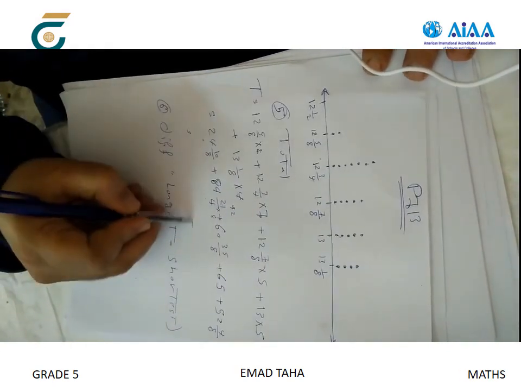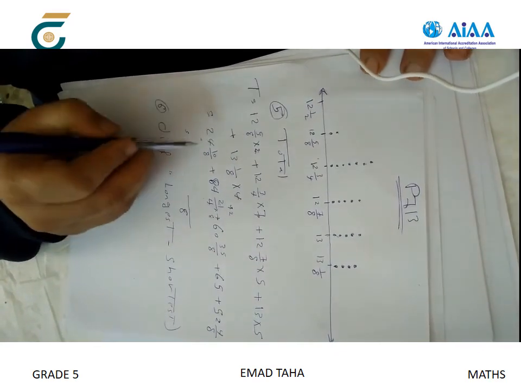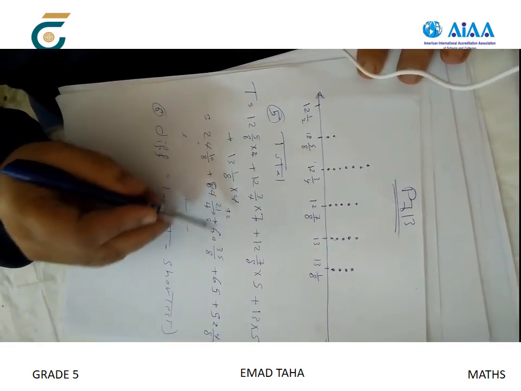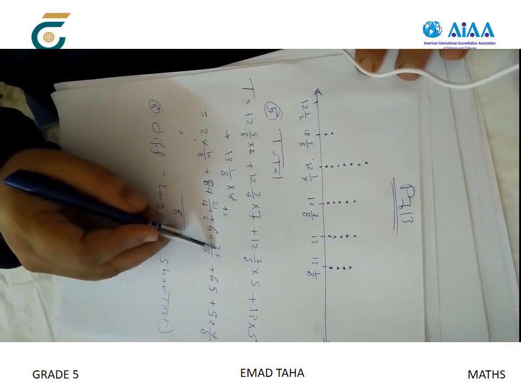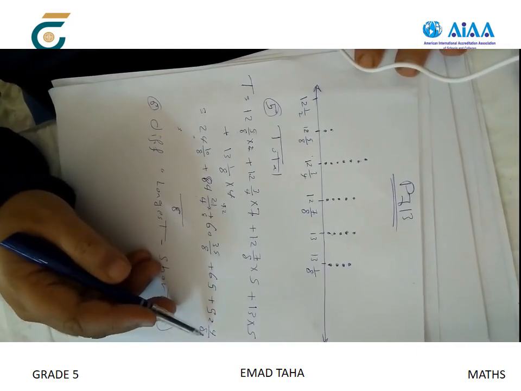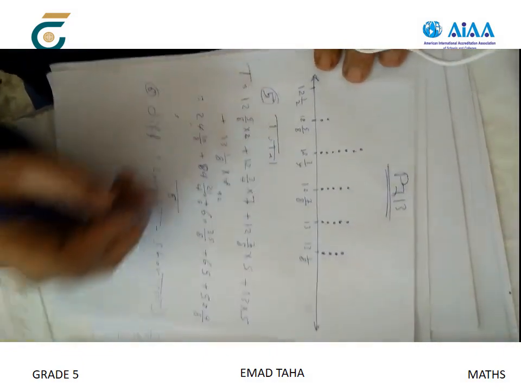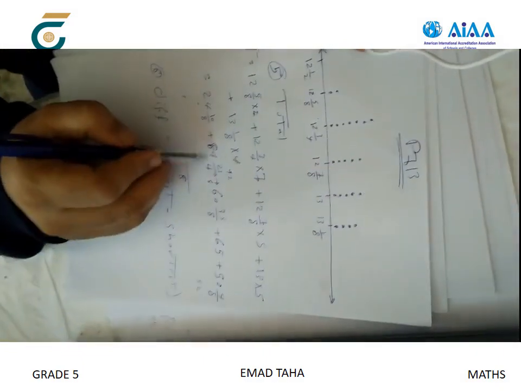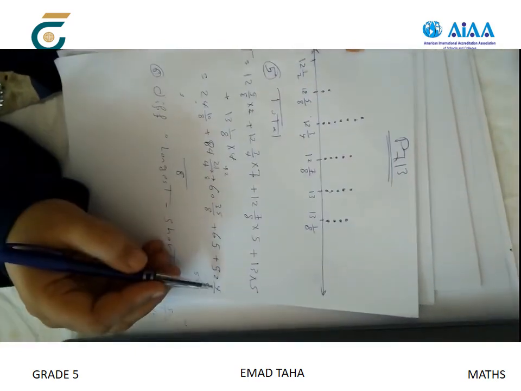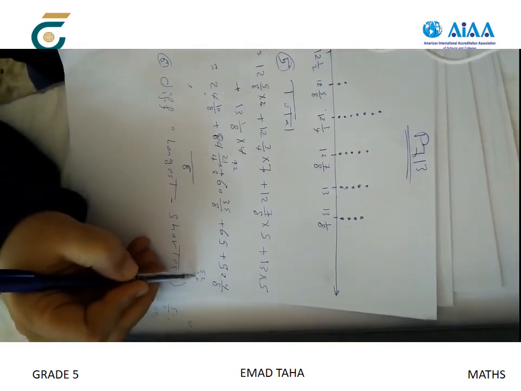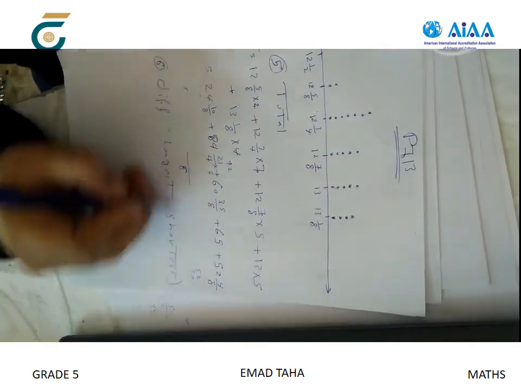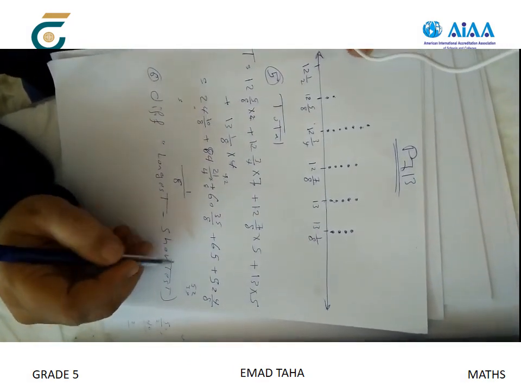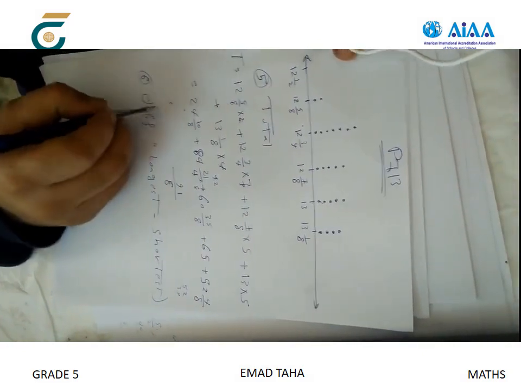Now we keep the denominator 8 and add the numerators: 10 plus 42 plus 35 plus 4. 10 plus 42 equals 52 and 35 plus 4 equals 39. So 52 plus 39 equals 91, so we have 91/8.